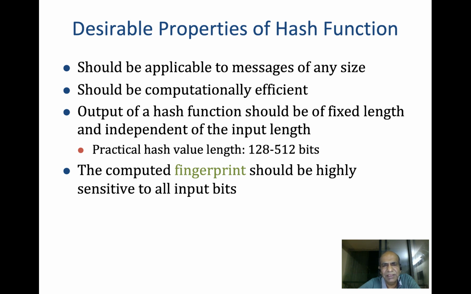As we discussed earlier, output of hash function is always fixed for that particular hash function and is generally of 128 to 512 bits. And then the computed fingerprint should be highly sensitive to input bits. It means that if there is a small change in the input, then output should change significantly.